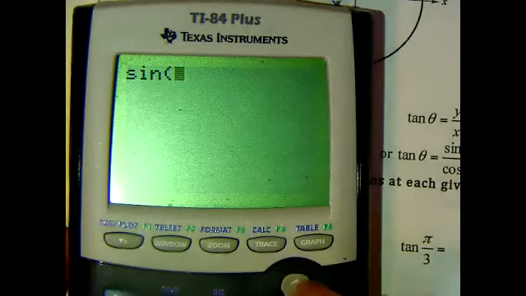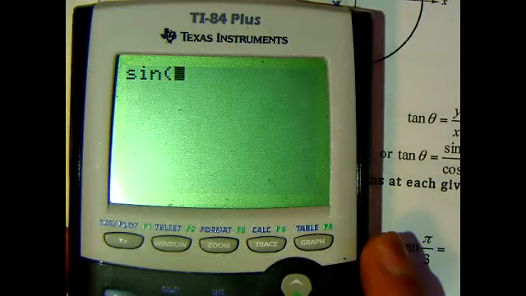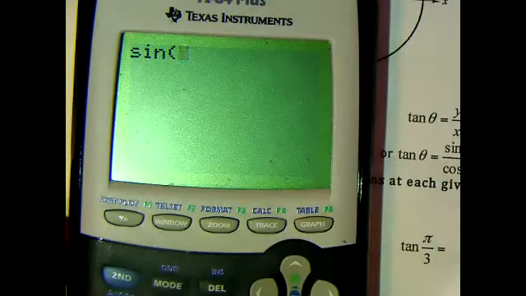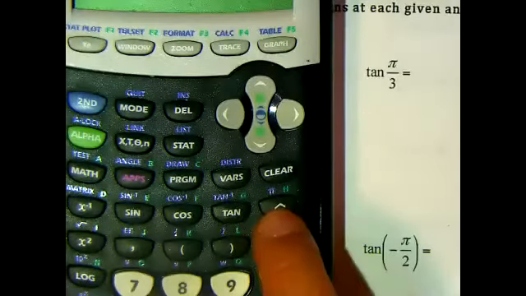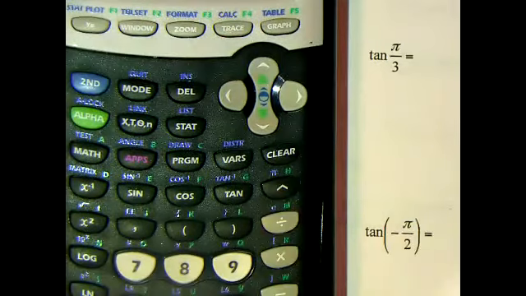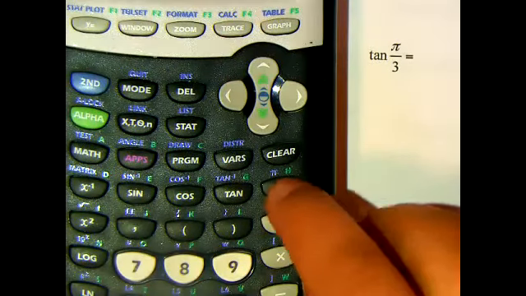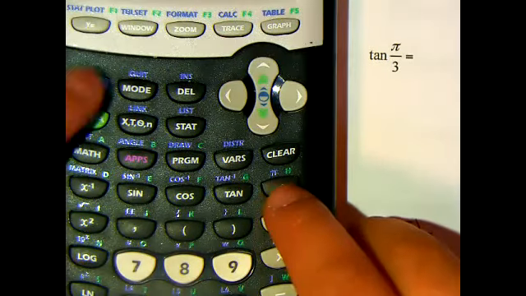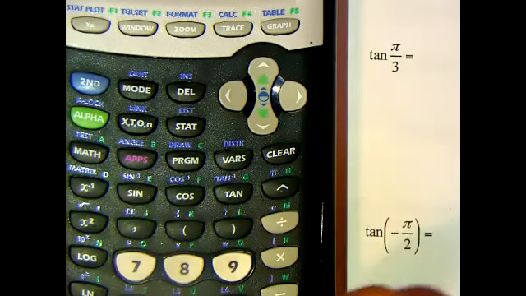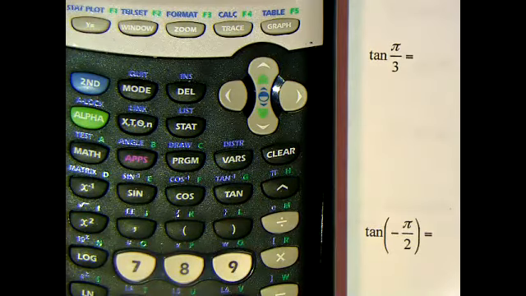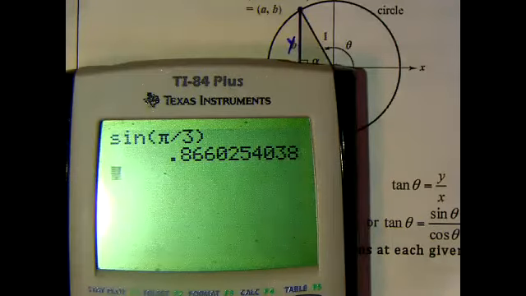Then I can do sine of pi over 3, and my pi is right over here above the caret, in blue. So I'm going to do second pi divided by 3, close parentheses. And that's going to give me 0.866025403.